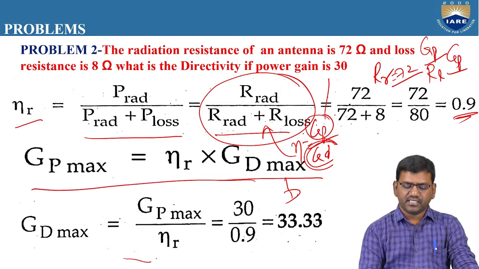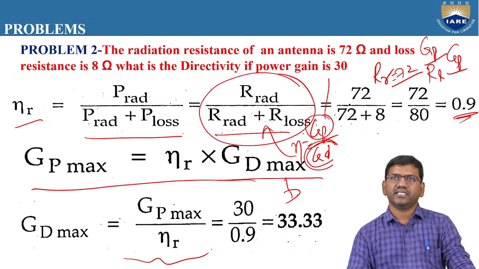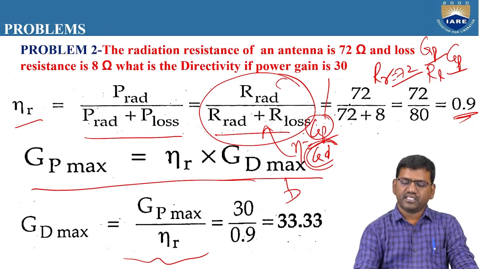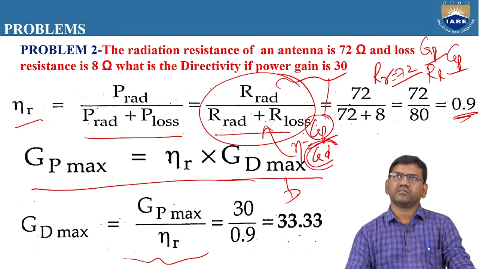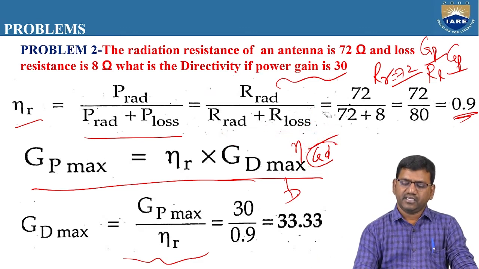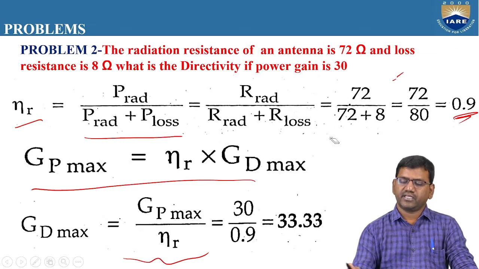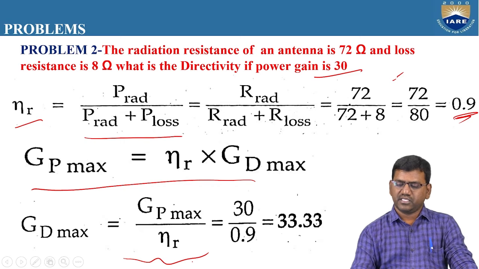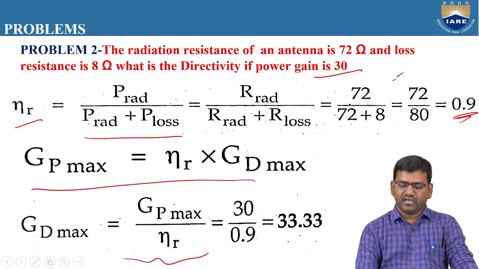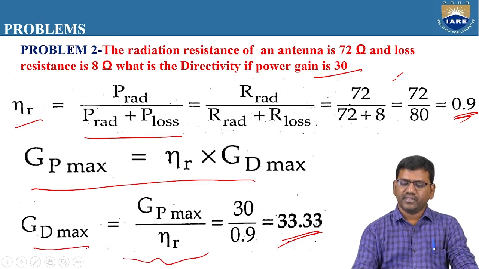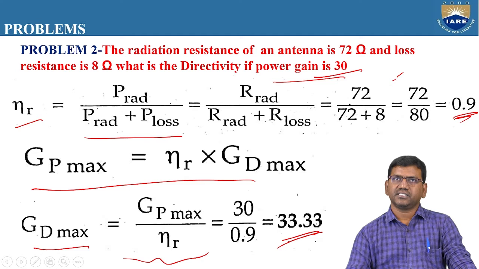GD max is equal to GP max by eta R. In the given data, GP max is the power gain, given as 30. So 30 by eta R is equal to 30 by 0.9, which is 33.33. So 33.33 is the GD max, and GP max is given as 30.